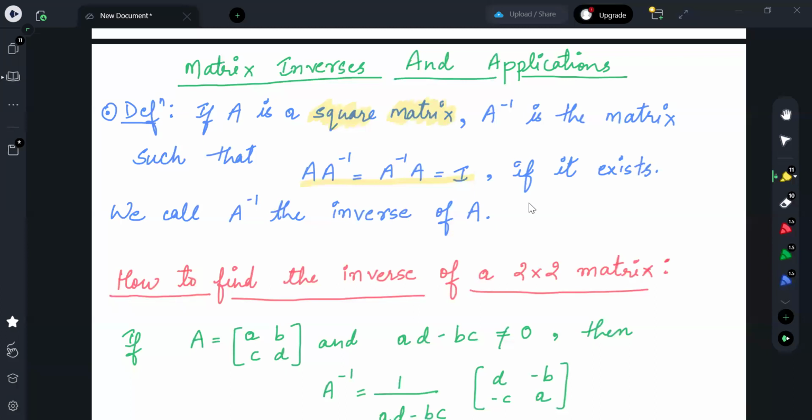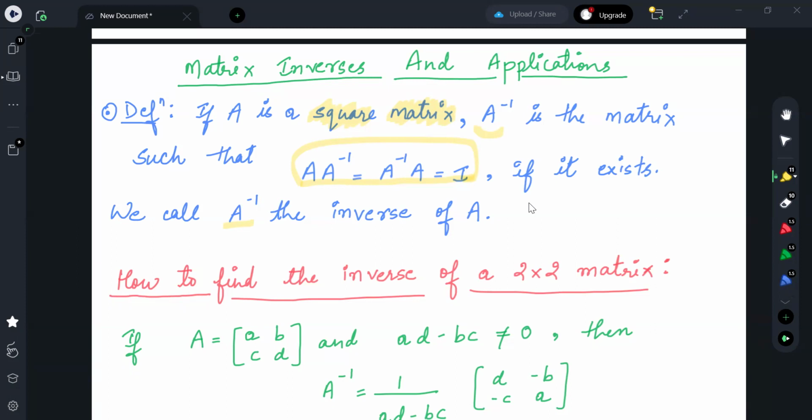I've already introduced the identity matrix in one of the introduction videos. Now, this A inverse might not always exist, but if this equation holds, then we say that A to the power of -1 is the inverse of matrix A, where A is a square matrix.